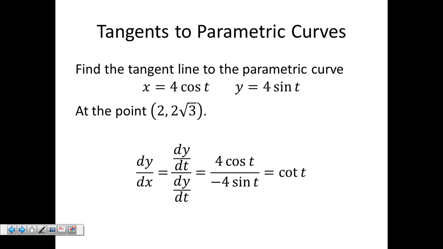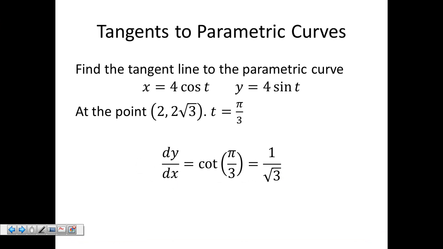So when I take dy over dt, I get 4 cosine t. I just followed my constant multiple rule, and I followed my rule for sine. The derivative of x with respect to t is negative 4 sine t. Again, constant multiple rule and my rule for cosine. Those two 4's cancel, and I get negative cotangent t.